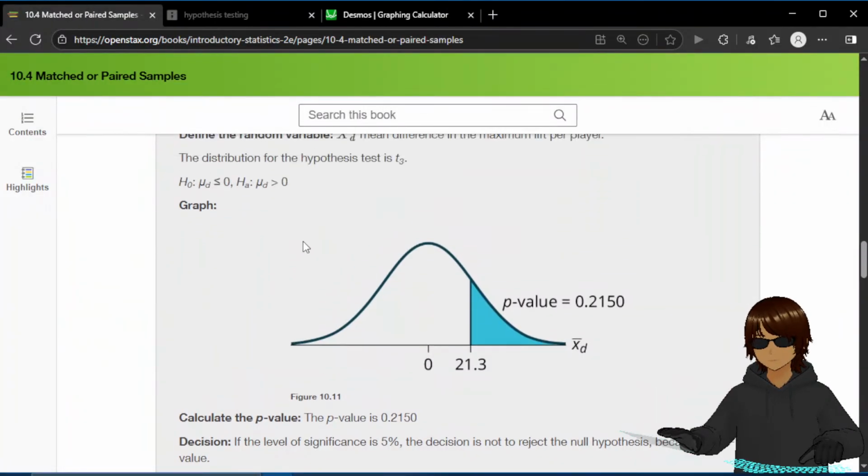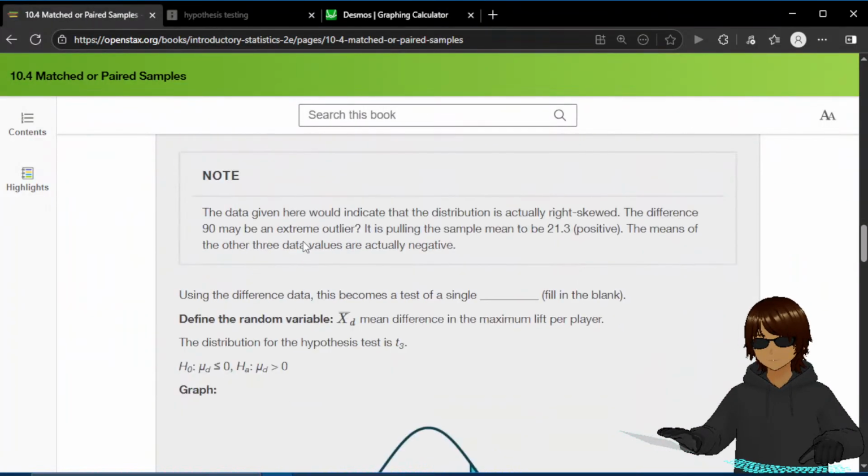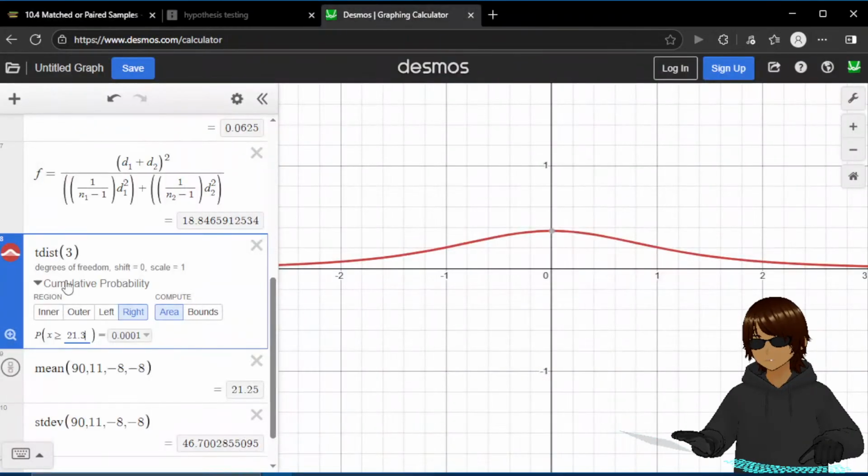I don't think this is correct. The hypothesis test is a t distribution with value 3.